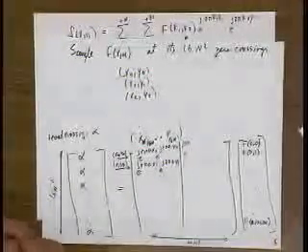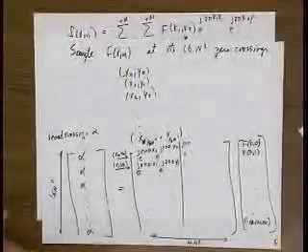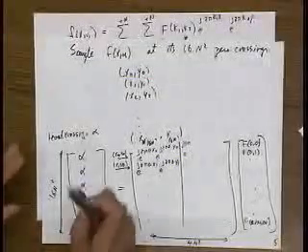Right? And again, remember, f of x comma y is continuous in x, continuous in y, continuous in x and y. X and y are continuous variables. They're not indices of integers.